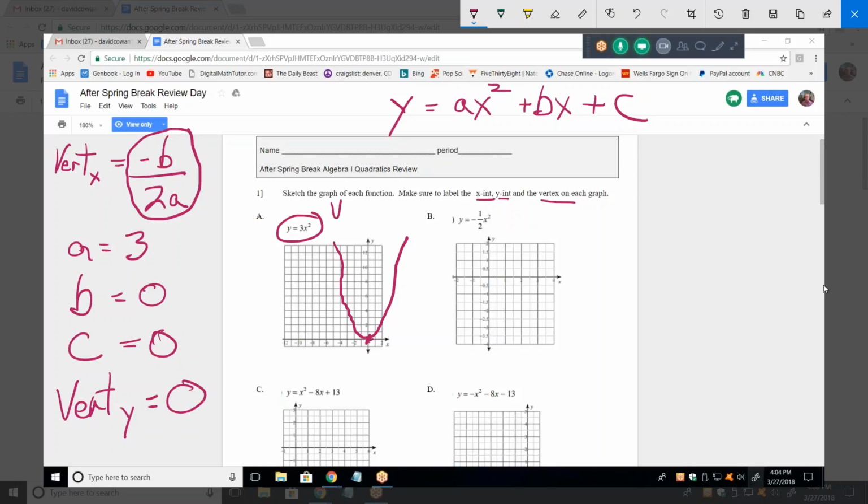Now, we have the vertex. The vertex is 0, 0. And it says, what are the x and y intercepts? Now, what's the x-intercept? 0. And what's the y-intercept? 0. Okay, so we're pretty much done with that problem. Now, what I didn't really answer is whether it should look like that, or perhaps skinnier.